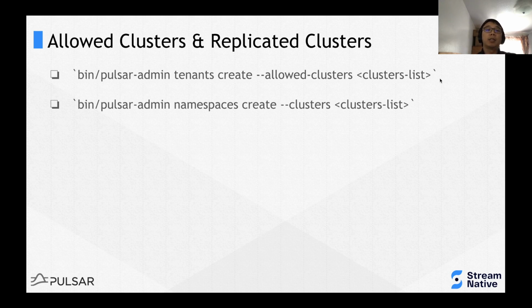Otherwise, you are not able to create a namespace that replicates topics to a cluster that is not in the allowed list of this tenant. So that means the replicated clusters of a given namespace should be a subset of the allowed clusters of a tenant. That is a very important thing you need to keep in mind.